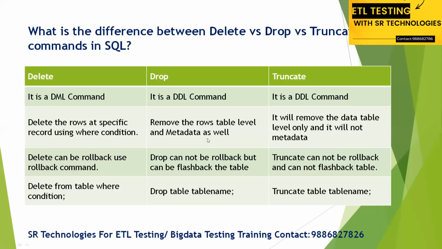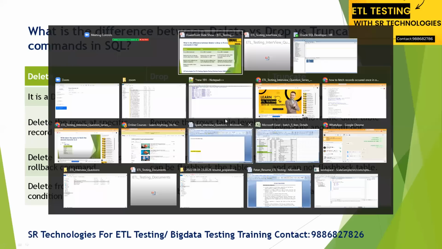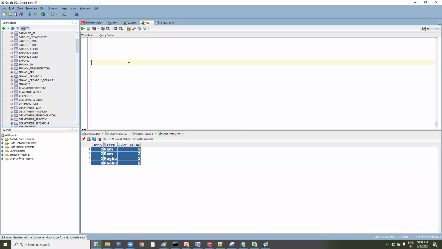First, we'll go ahead and create some dummy tables. We'll create three tables and see how it works. First, we'll create table employees_delete as select star from employees.